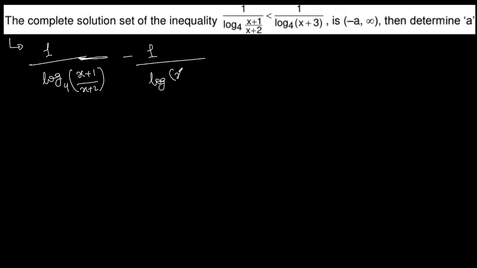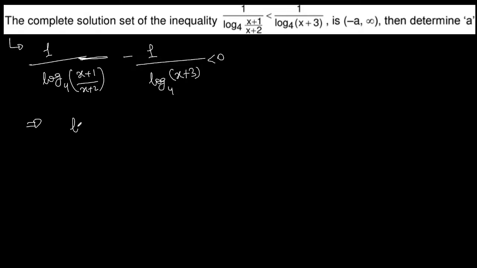The outcome of this could be negative. So what will happen is that we'll do something like log base 4 x plus 1 over x plus 2 minus 1, log x plus 3 base 4 less than 0.